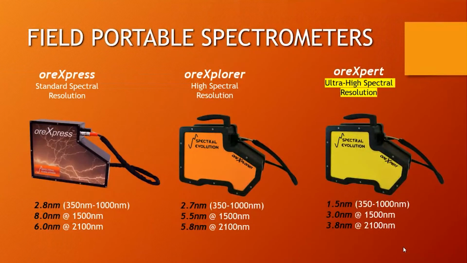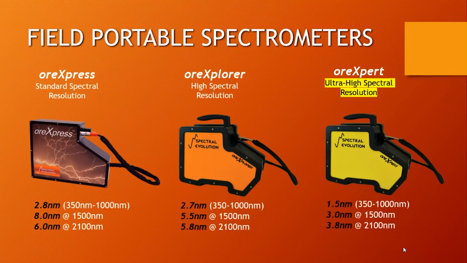So the three field spectrometers that we offer are what we call the ORX Series. These are built for the field, but can also be used in a lab or even a core shack setting, hence the portability aspect. We've got the ORX Express, ORX Explorer, and ORX Expert. These field spectrometers differ in spectral resolution. The ORX Express is going to be a standard spectral resolution, meaning this is the industry standard that is accepted throughout the mining industry.